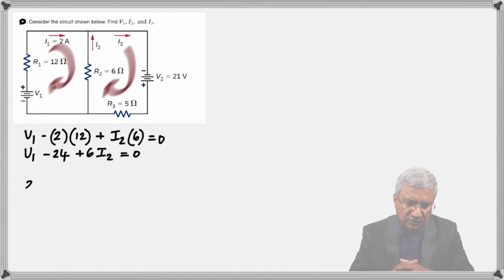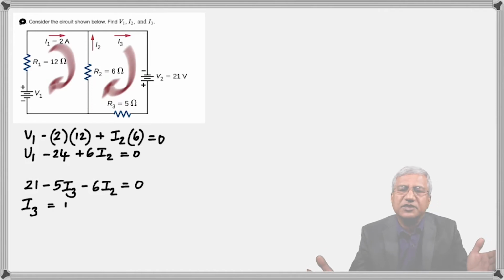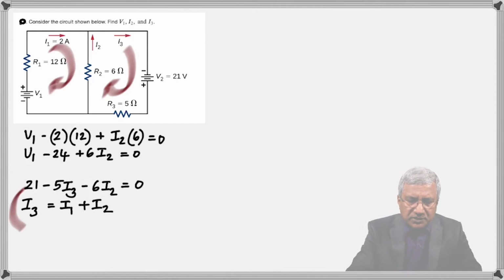Now let's take this loop. In this loop, since you're going this way, it's plus 21, minus 5 I3, minus 6 I2 is equal to 0. I already explained that. So maybe you want me to explain that again.